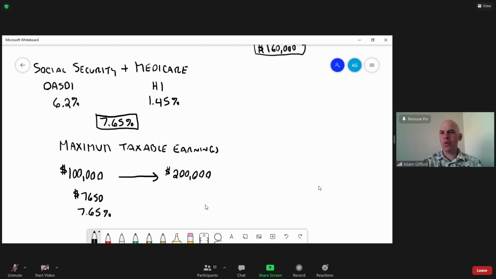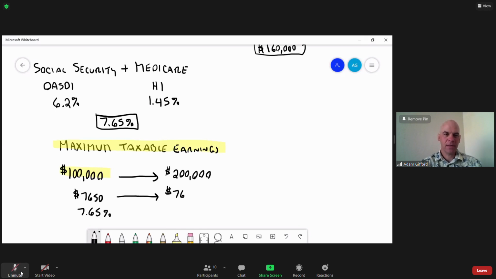You earn $200,000 now. How many dollars are you going to pay in OASDI and HI? Remembering our maximum taxable earnings are $100,000. Same amount, that is correct.